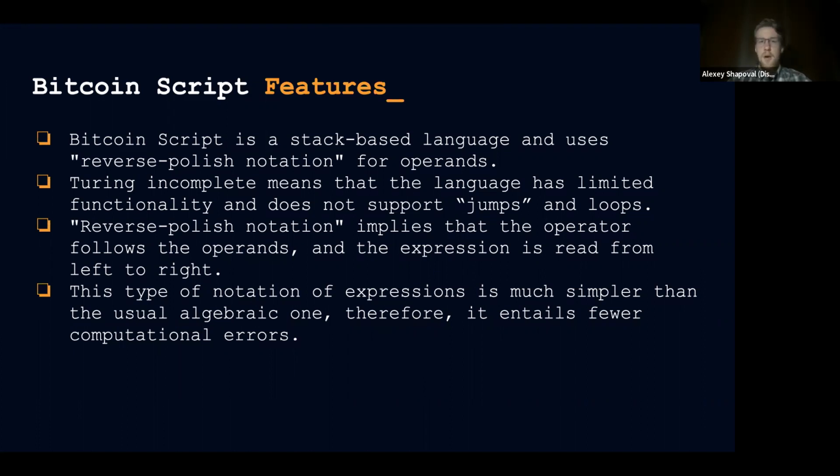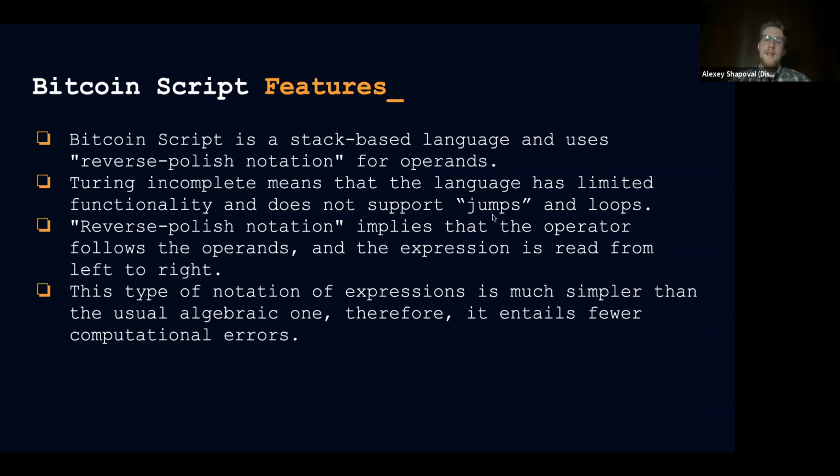Also, in addition to our basic explanation of Turing incompleteness, here is another more formal form: Turing incomplete means that the language has limited functionality and does not support jumps and loops.